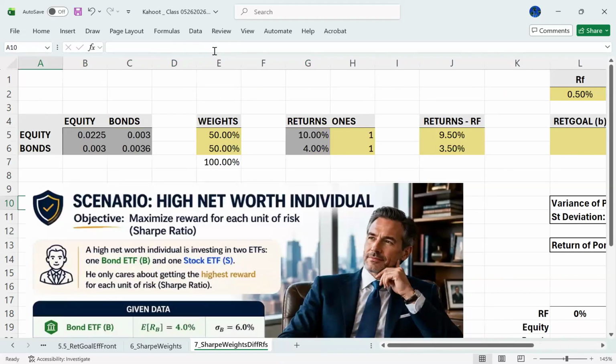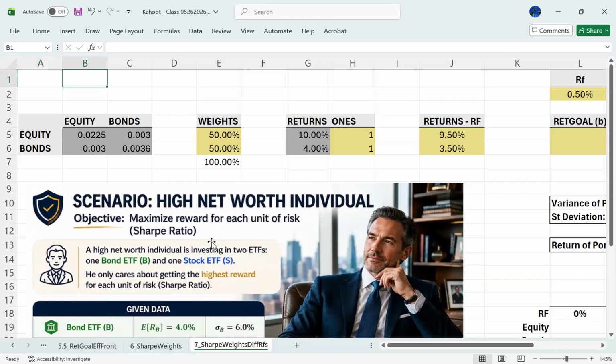Now, if we want to find the optimal risky portfolio, it's the portfolio that gives us the highest ratio of excess return, that is returns beyond the risk-free rate, as a ratio of the units of risk that I have to tolerate to get that excess return.